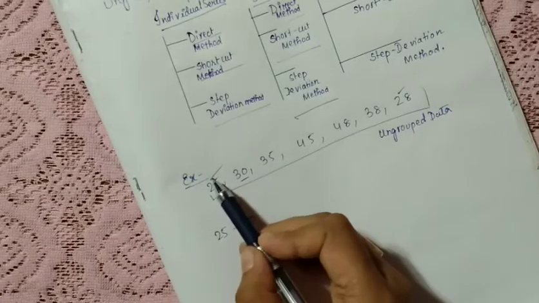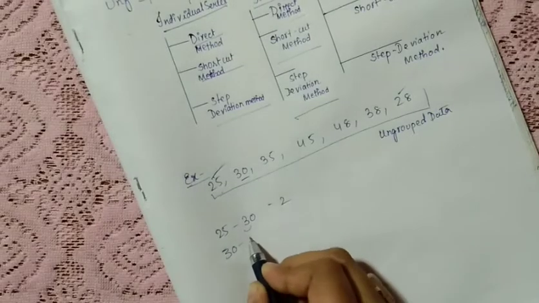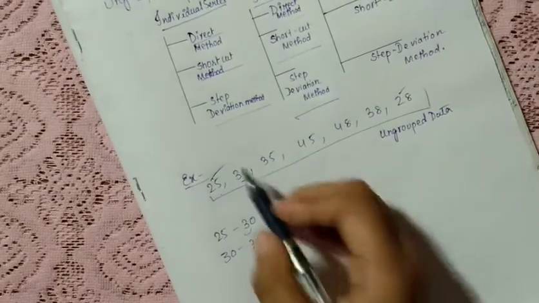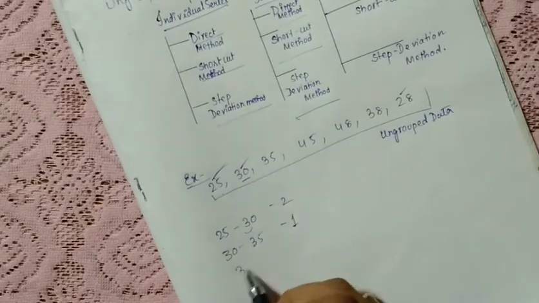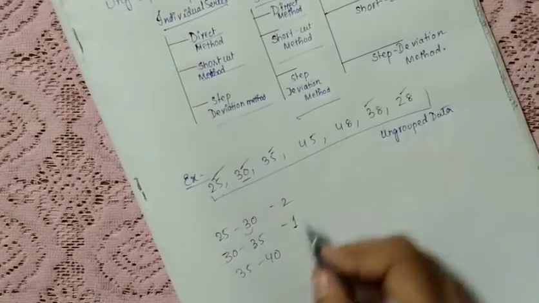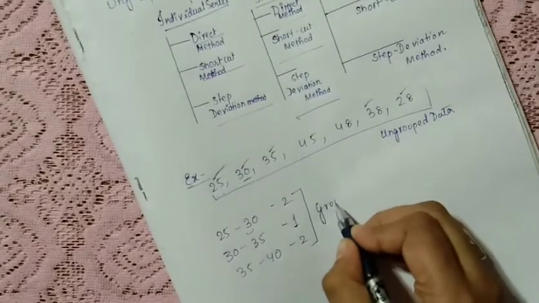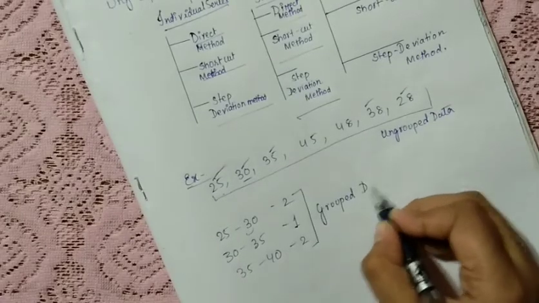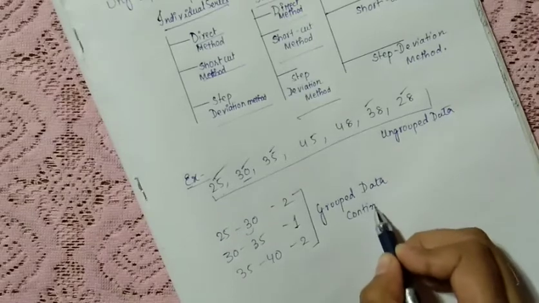Then 30 to 35, one student. 35 to 40, one student, two students. So these kinds of data are called grouped data. This is an example of continuous series.